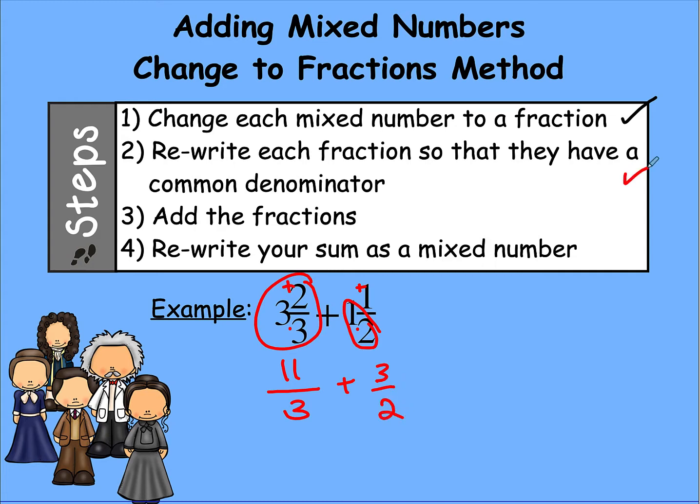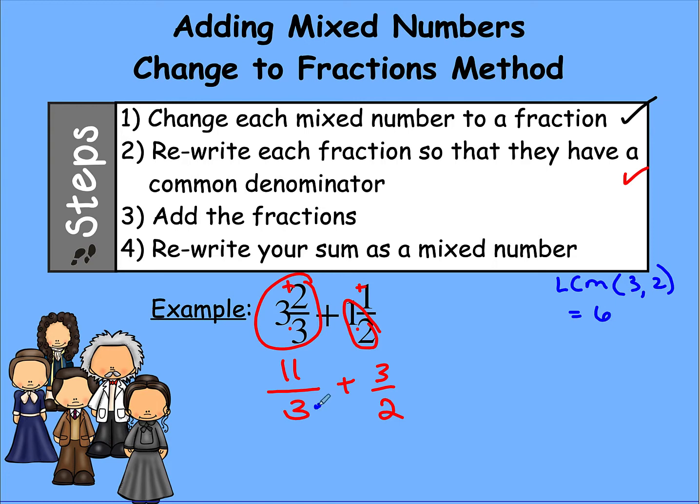Then we rewrite the two fractions with a common denominator, or if we have more than 2, we rewrite all of them with a common denominator. So in this case, I want to know what's the least common multiple of 3 and 2, and because they are relatively prime, it's 6.